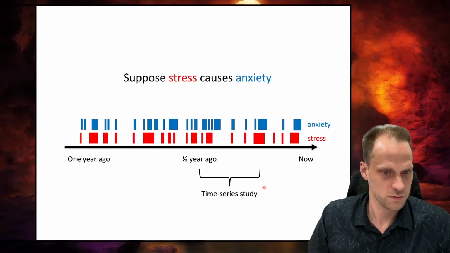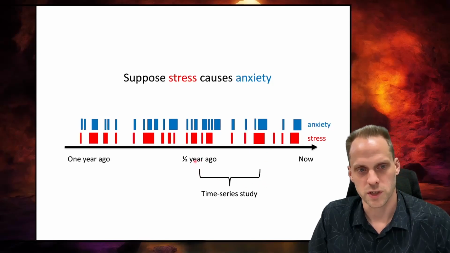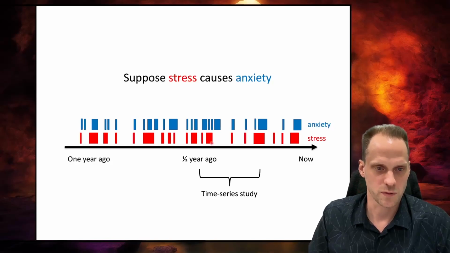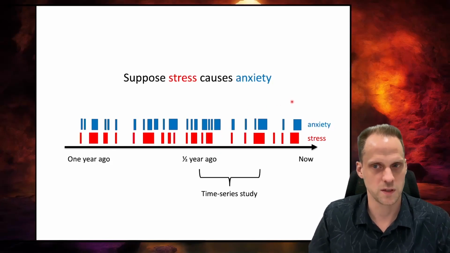And if we now do a time series study of a person, or a multi-level time series study, for a few months in this period, we might be able to establish a within-person relationship between these variables, because we have enough variance, enough covariance to establish that.